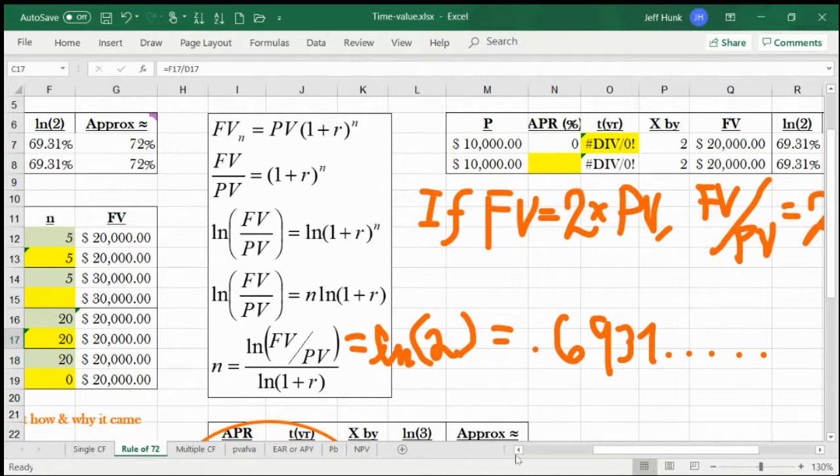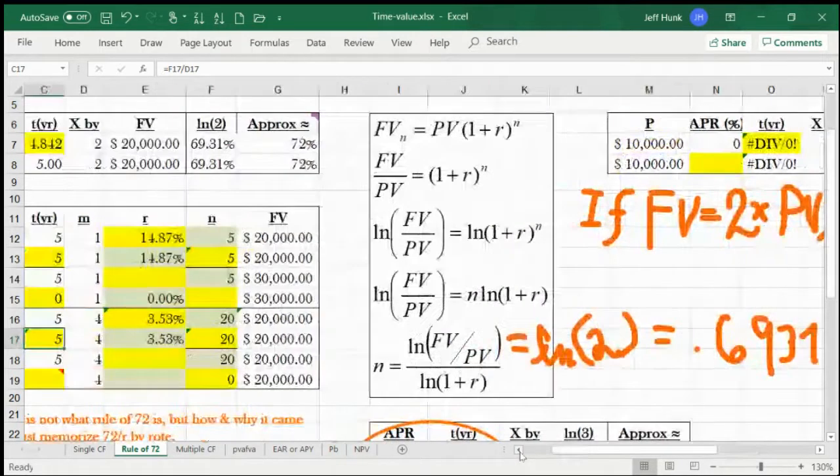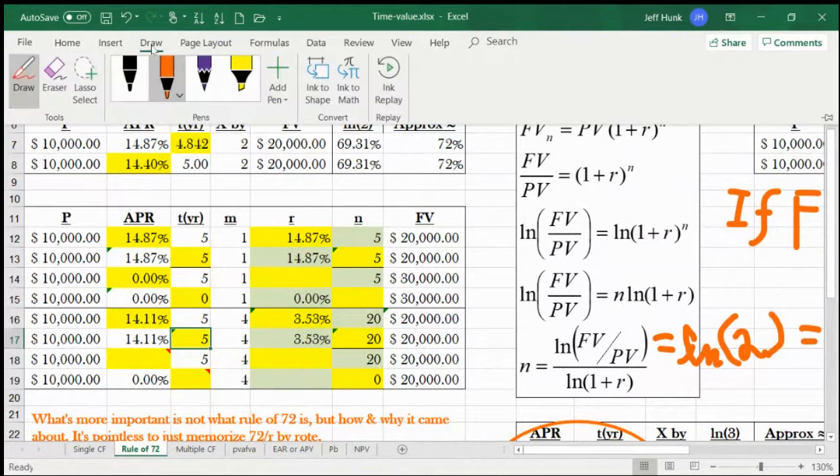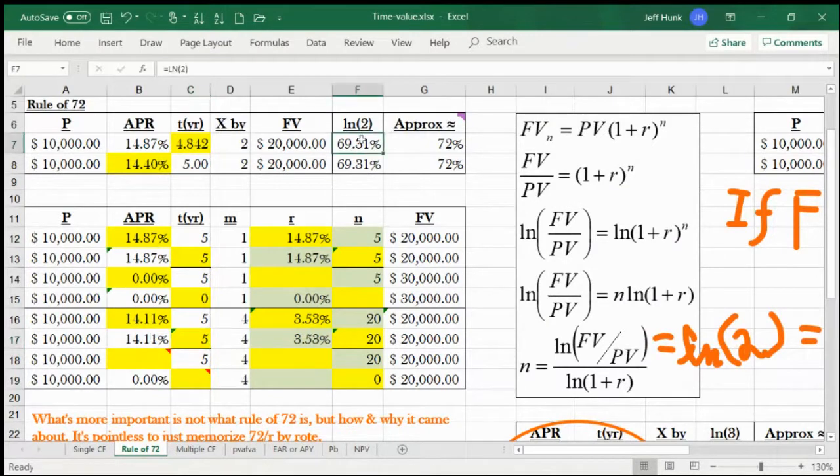So I found natural log of 2 here, and natural log of 2 is 0.69 something something. And since the cell is formatted as percentage, it's giving you percentage. And so they approximated to 72.